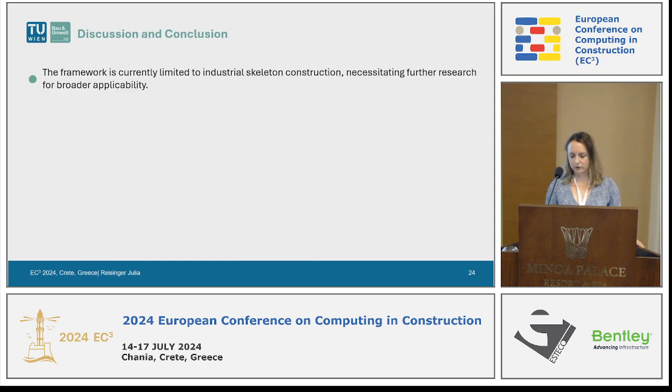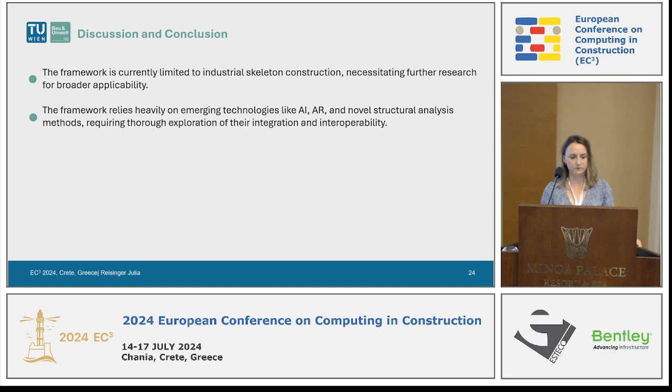So we are currently working on this whole framework step by step. However, there are some limitations we have to address, right? So the framework is currently built for industrial skeleton construction, meaning for further broader applicability, we need to take this into account and adapt it to other types of buildings in future. Then the framework relies heavily on different emerging technologies.